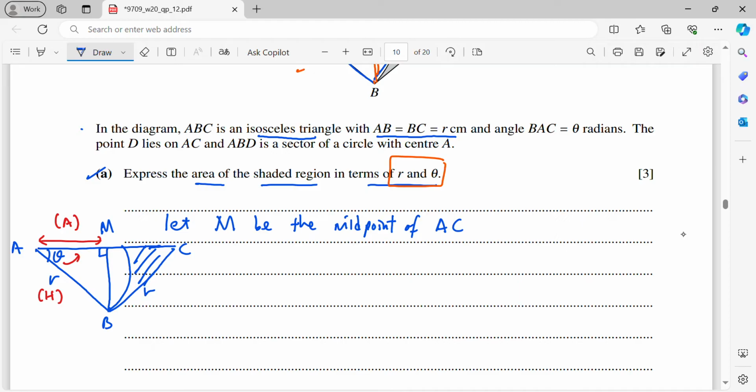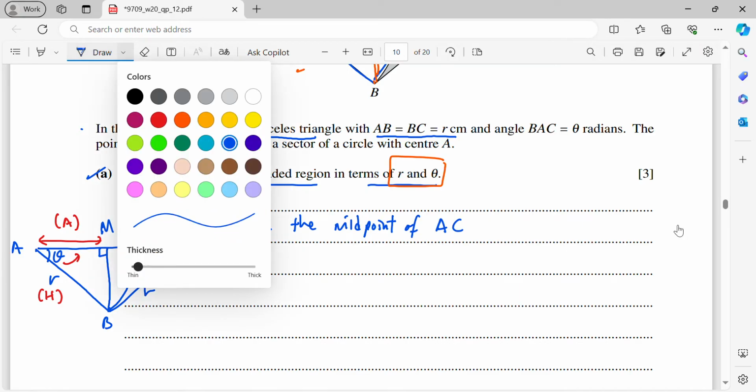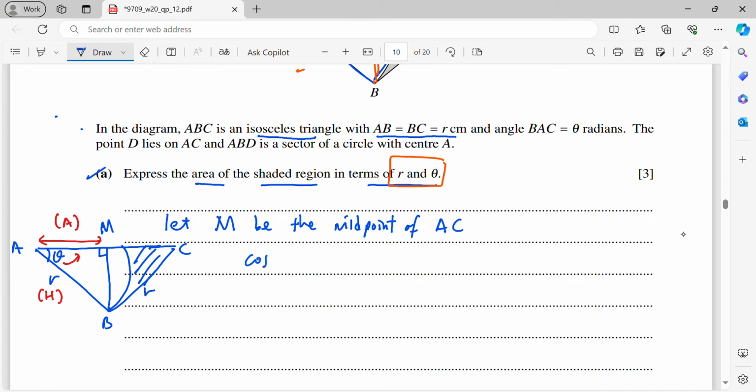So from here I will write cos theta equals to AM over AB. Okay, so now your AB is R, therefore AM equals to AB cos theta equals to R cos theta.